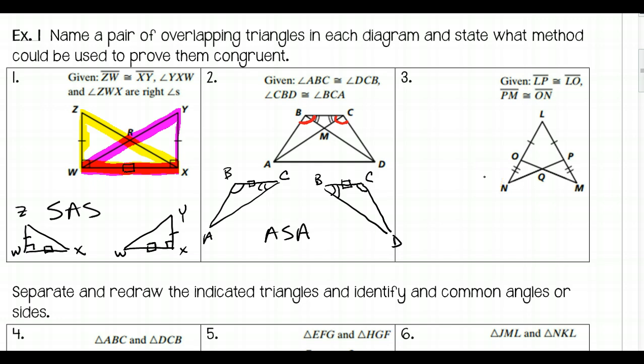All right, moving on to example 3. Again, I've got these two triangles that overlap. I'm going to redraw them separately so I get a little bit clearer view of what's going on. So I've got the triangle on the left. So I have L, P, and N. And then I've got the triangle on the right.